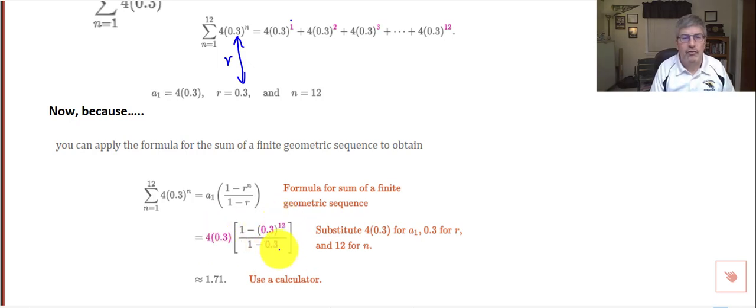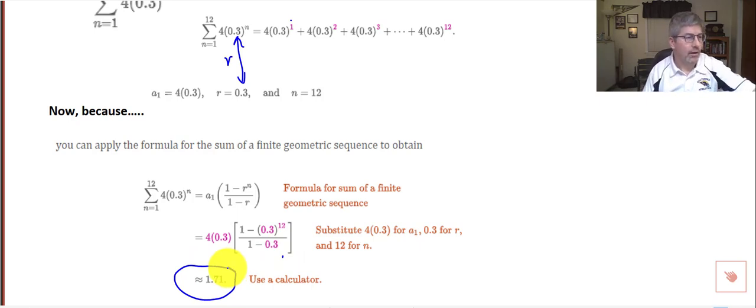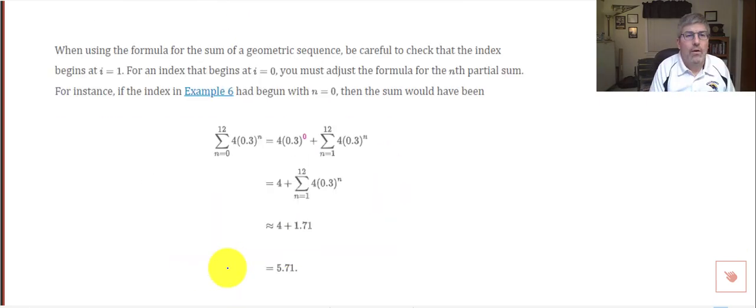So we're just substituting values into our formula, input everything into our calculator, and we should get 1.71.